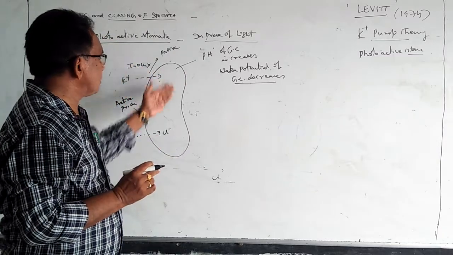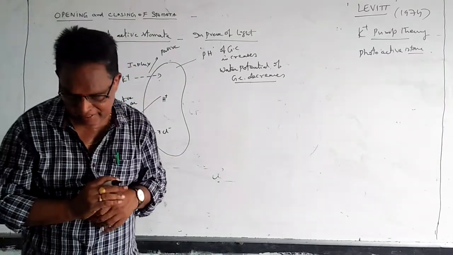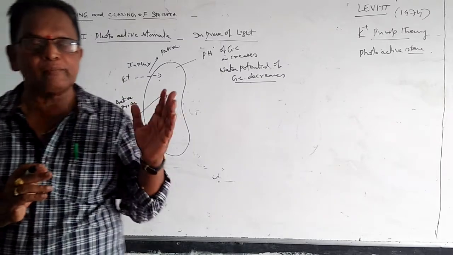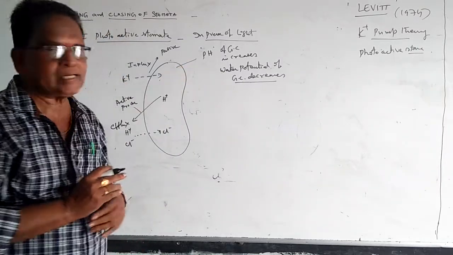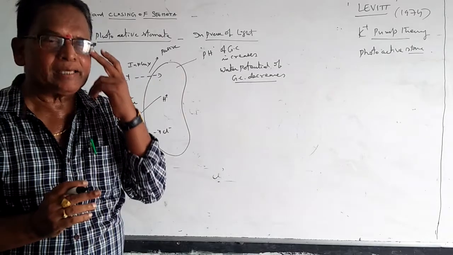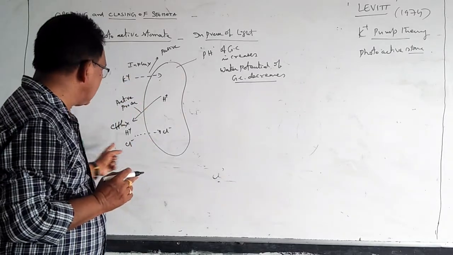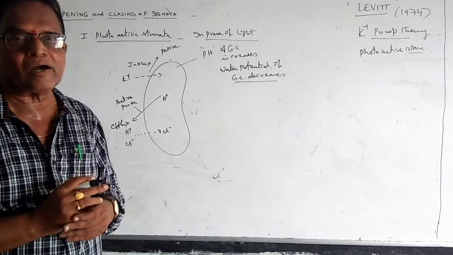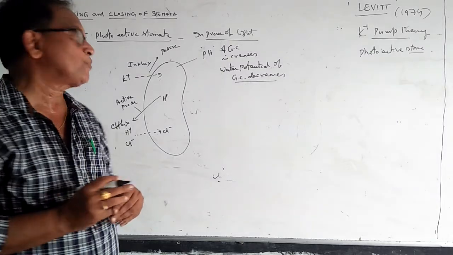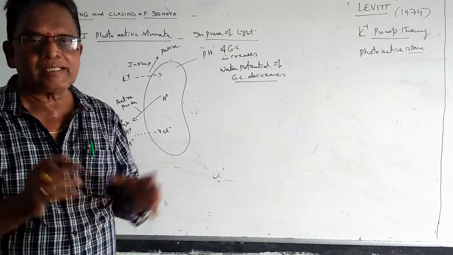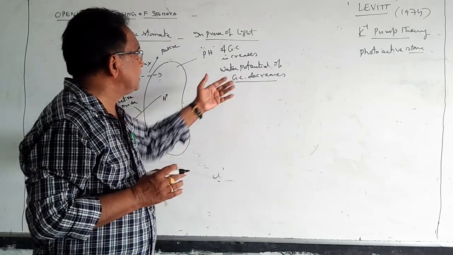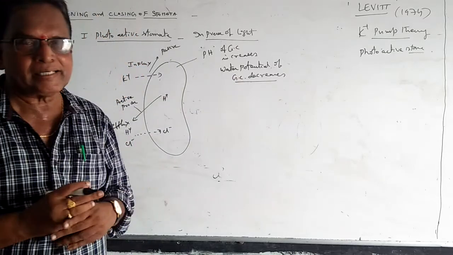Here, two things will occur. First, due to the accumulation of potassium cations, the pH of the guard cell increases. At the same time, chloride anions also enter the guard cells passively. Because of the entry of these chloride anions, gradually the water potential of the guard cells decreases.